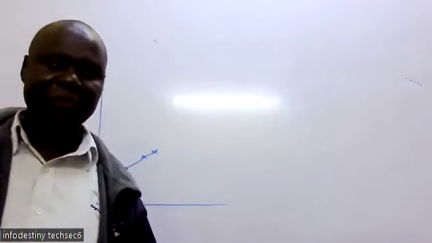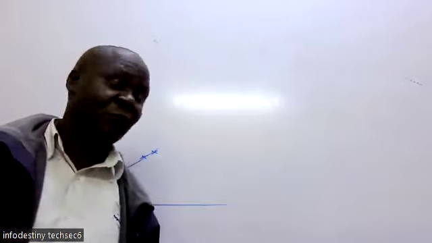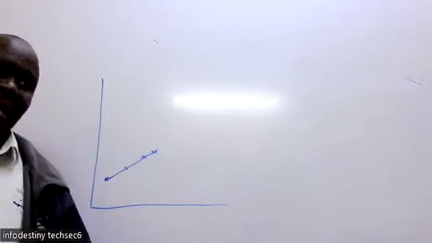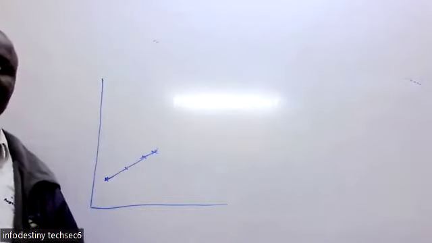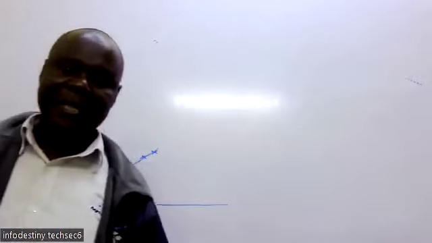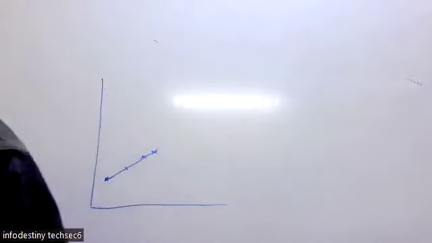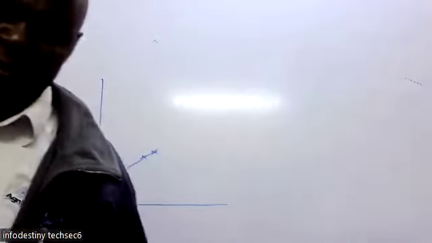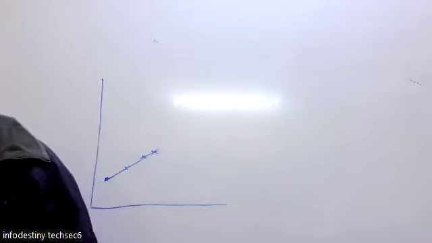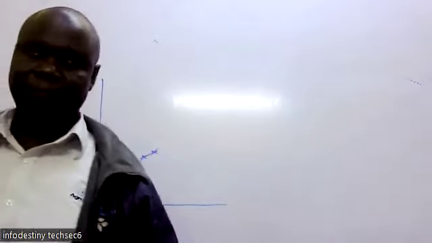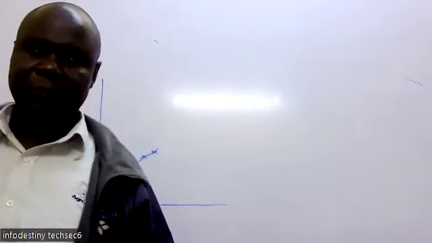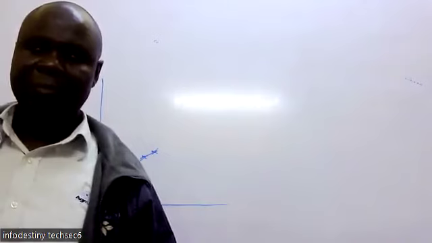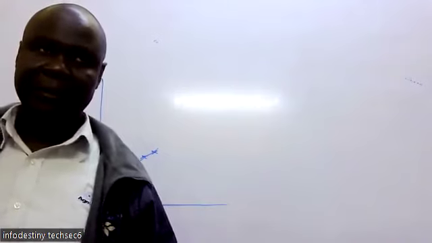Now, that particular diagram you are going to draw, it's going to give you an impression, because you are joining the data points together. The second one, less time is required to plot points and connect them with the lines.